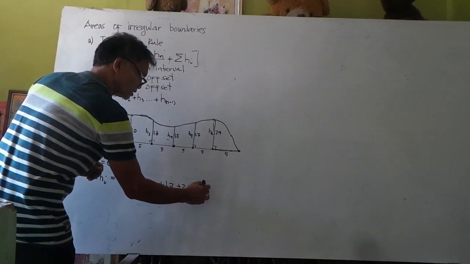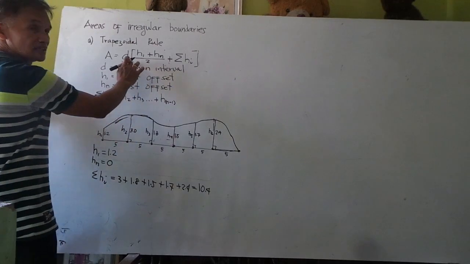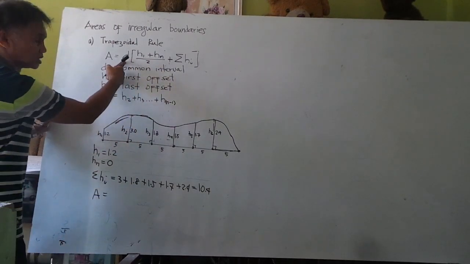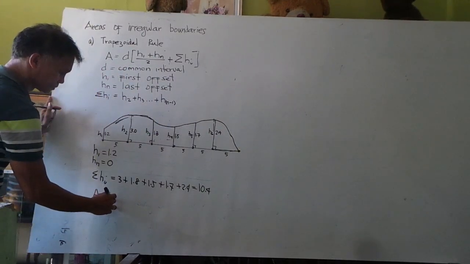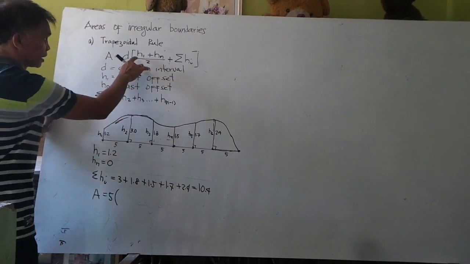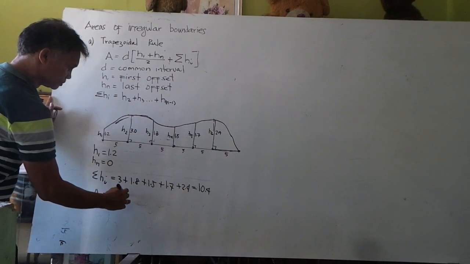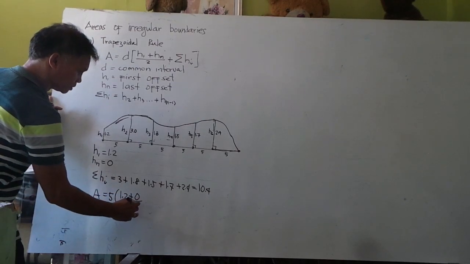Then, using the formula, the area equals the common interval, which is 5, times the first offset 1.2 plus 0, divided by 2.